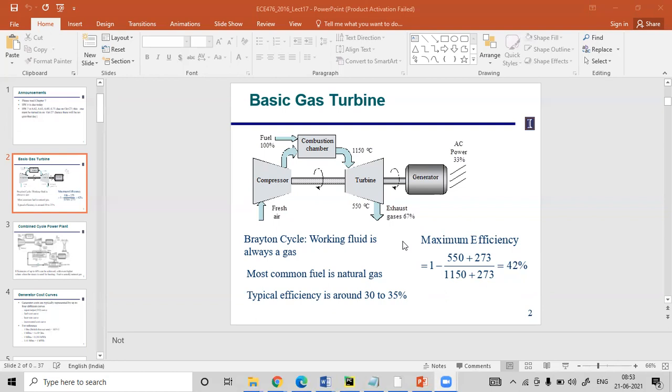Now, when we try to improve the efficiency of the turbine, let's see the next slide.